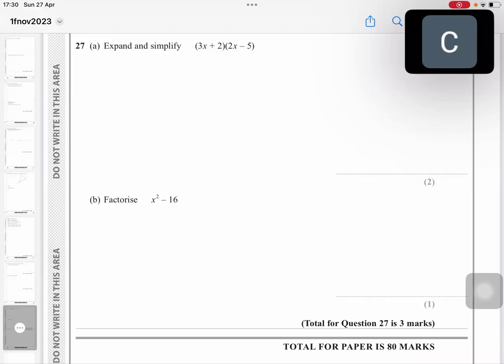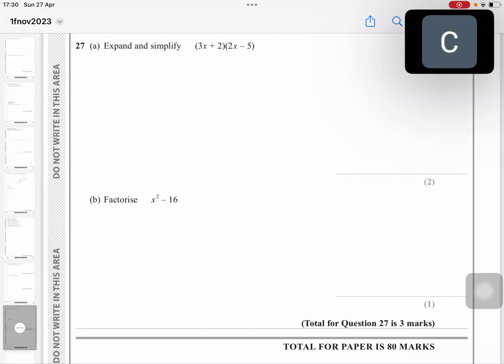Okay. So the concept for this second one, for factorizing the second one, is called the difference of two squares. The difference of two squares. Okay. So let me see if I can put it in the chat box. The difference of two squares is very simple.